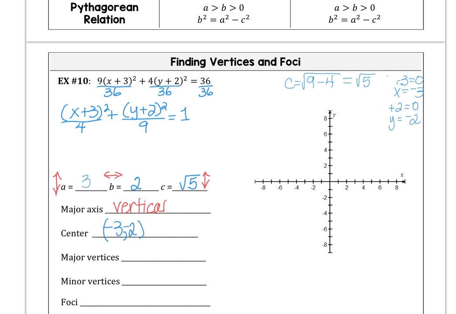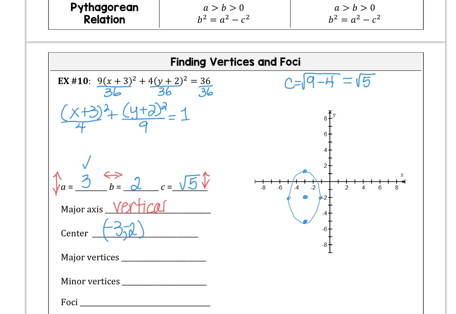We can go plot that on our graph and then use our a, b, c values to get the other points. (-3, -2) is our center. We're going 3 up from there, so 1, 2, 3. And 3 down from there. 2 to the right. And 2 to the left. And this is our ellipse right here.